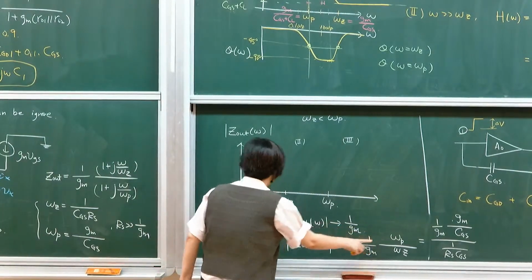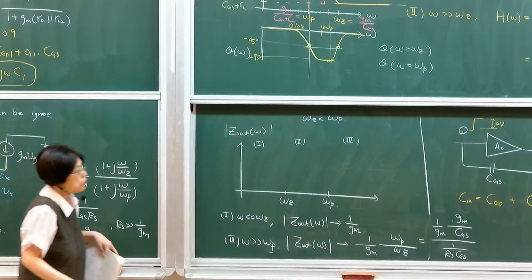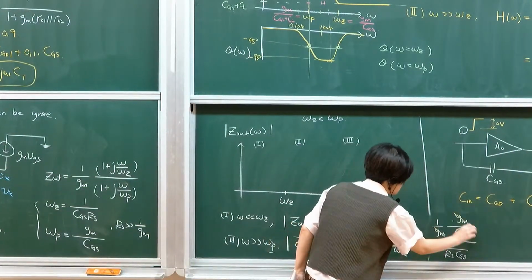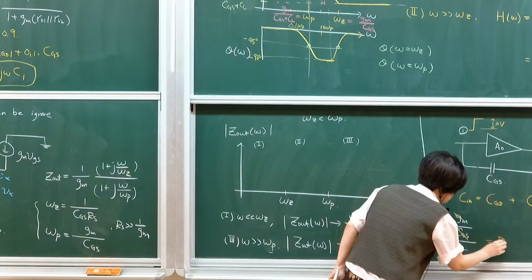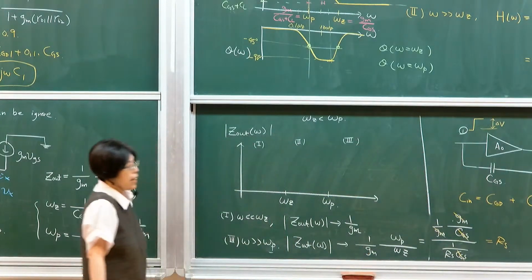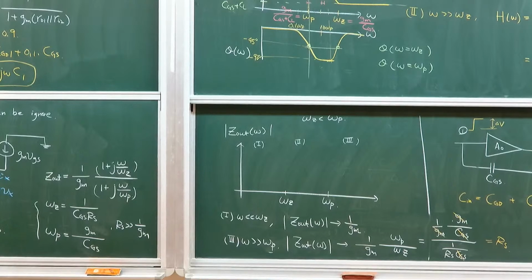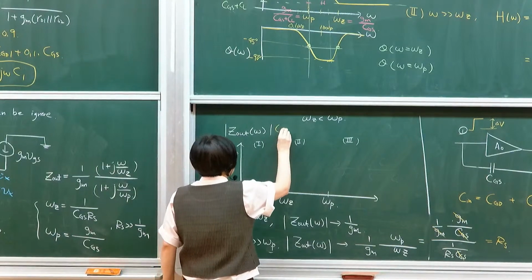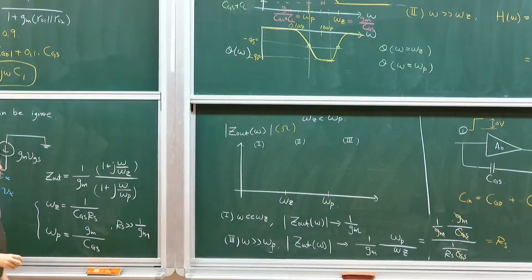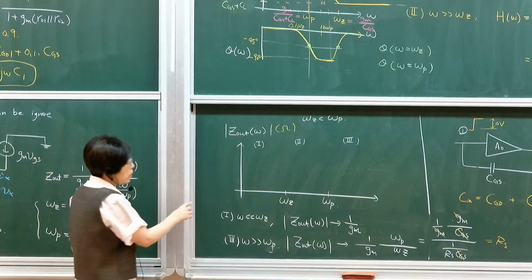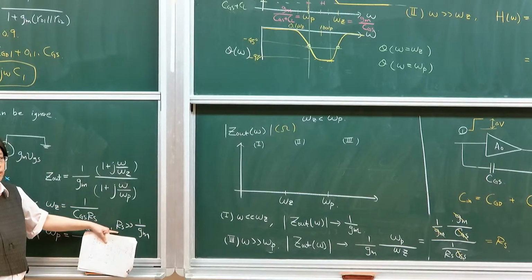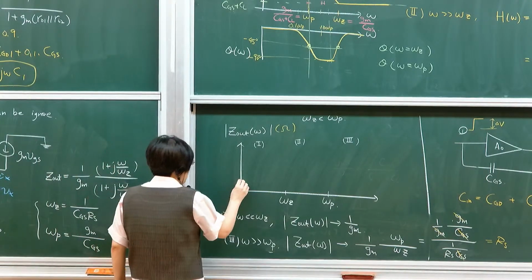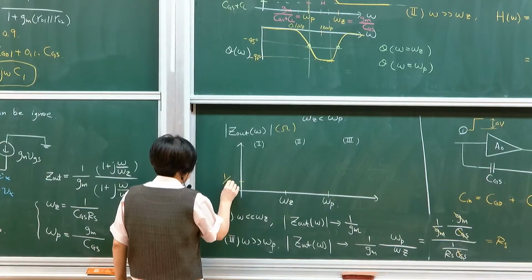I'm simply inserting my omega P, omega Z into the equation. So get rid of this, get rid of this, and then this will be RS. Because we're looking at impedance, your unit should be resistance, in the unit of ohms, right? It's 1 over GM. So 1 over GM, as I said, because we already assumed that 1 over GM is smaller than RS.